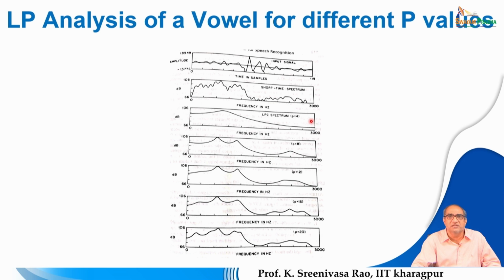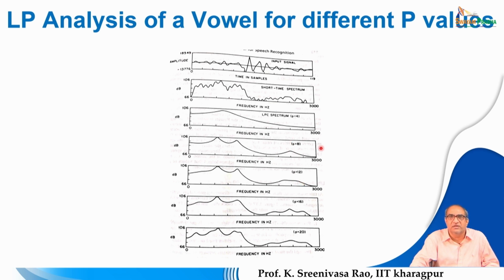Therefore, the reasonable order p for capturing the true vocal tract shape, or an approximate vocal tract shape close to the true envelope, varies from order 8 to 15.